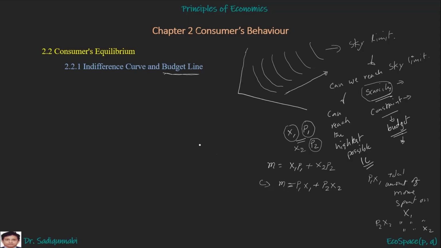Okay, so the budget line can be drawn because it's a straight line equation. The budget line can be drawn in this way. So this is our budget line now. Here X1 and X2. When we are at a point beyond the line, we are out of capacity.